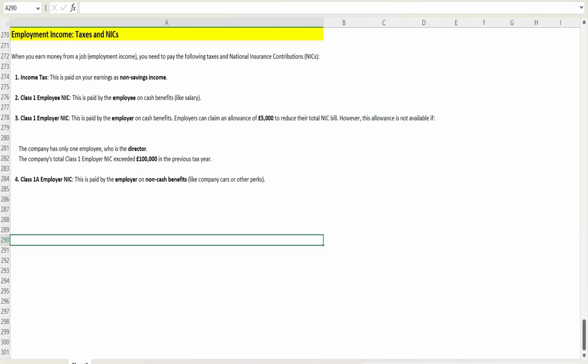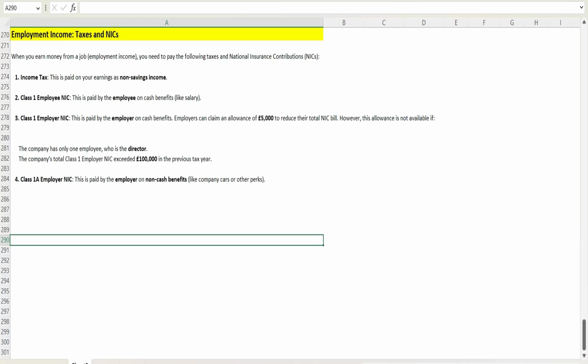You remember my first class, where I taught you that income is categorized under three heads: non-saving, saving, and dividend. So employment income is categorized under the non-saving one, and the tax rate is 20, 40 or 45% depending on the taxable band the individual is falling in.